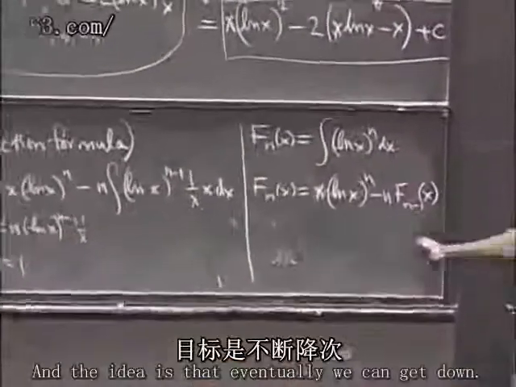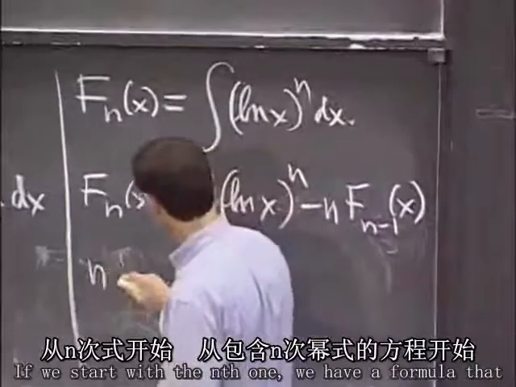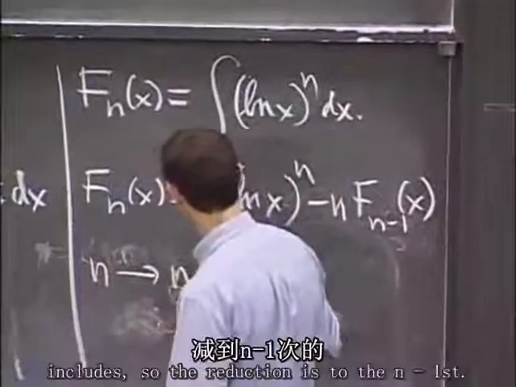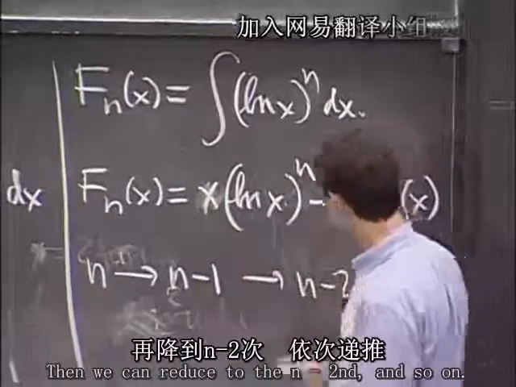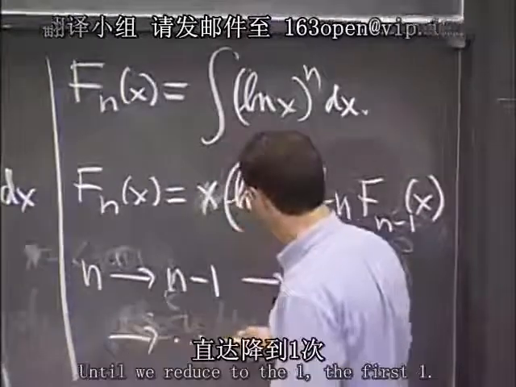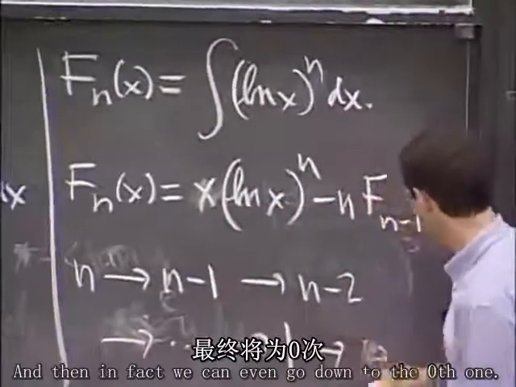And the idea is that eventually we can get down. If we start with the nth one, we have a formula that includes the reduction to the n minus first, then we can reduce to the n minus second, and so on, until we reduce to the first one, and then in fact we can even go down to the 0th one.